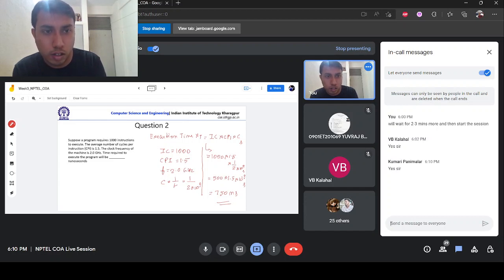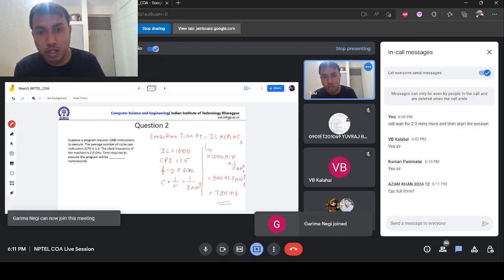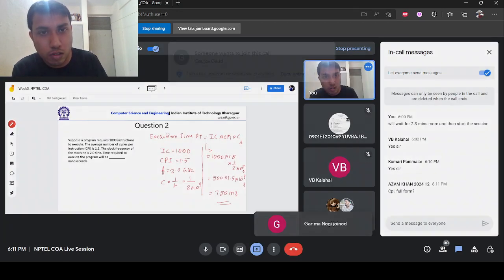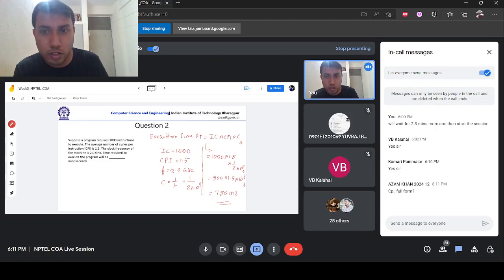Okay. You can ask if you have any doubts. CPI is cycles per instruction. See, it is written the average number of cycles per instruction, CPI. So first, the execution time.